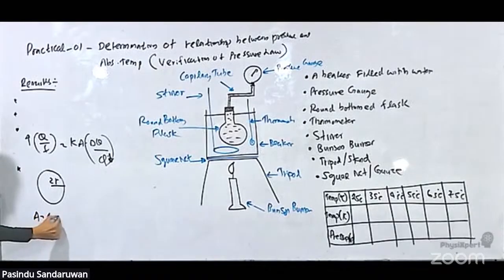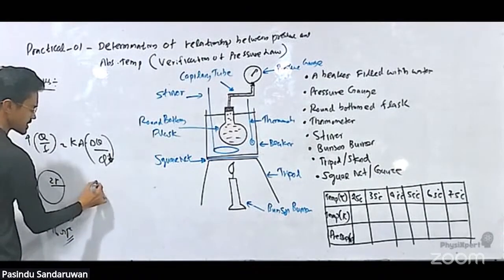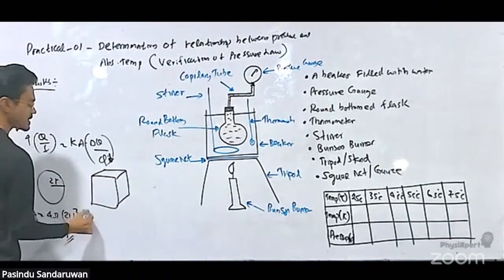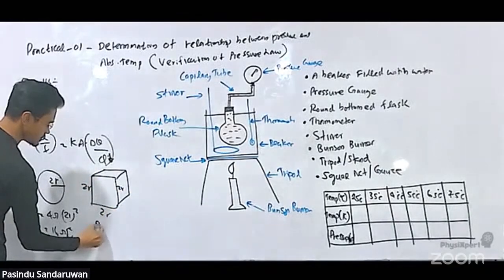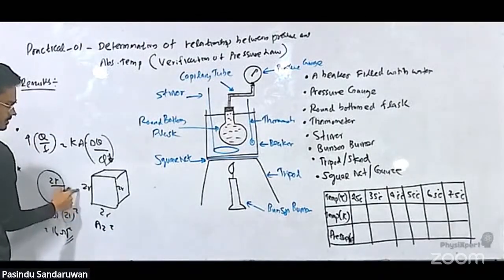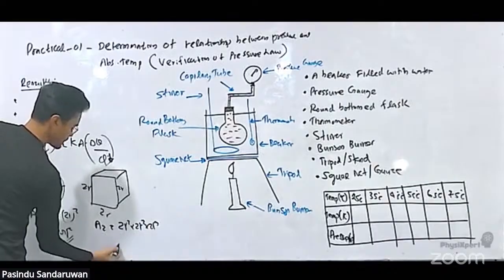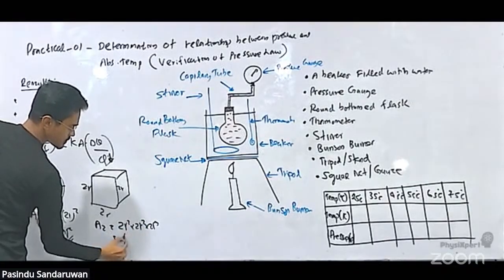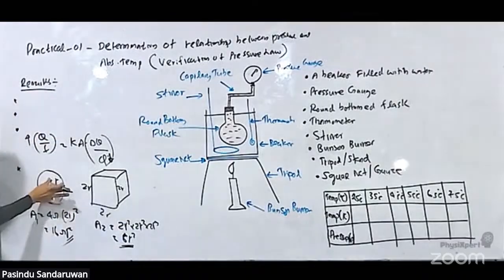The area of this one is A1 equals 4 pi r squared. Say you are getting a cube with the same dimensions. Just check this. What does it give? 8r squared. Right? Sorry, it's not 2r, this is r, no?